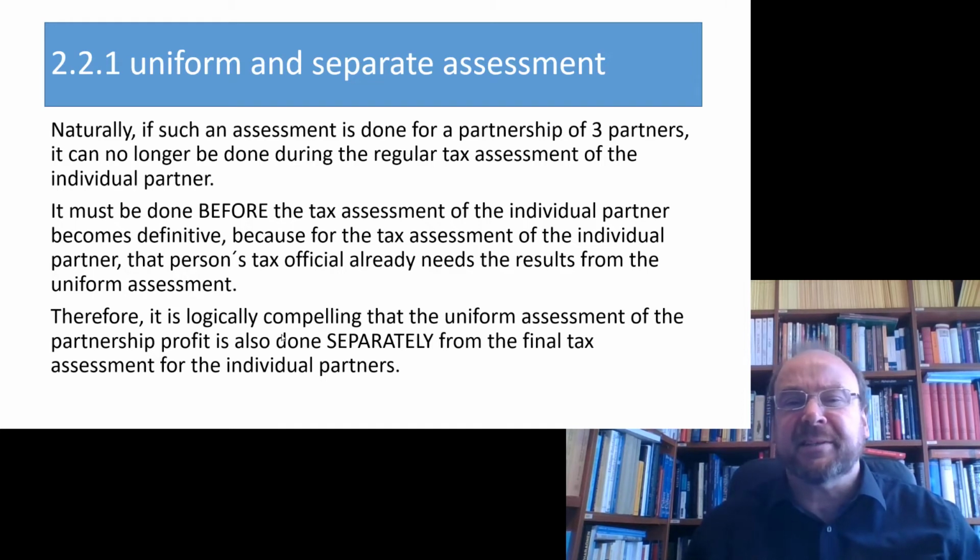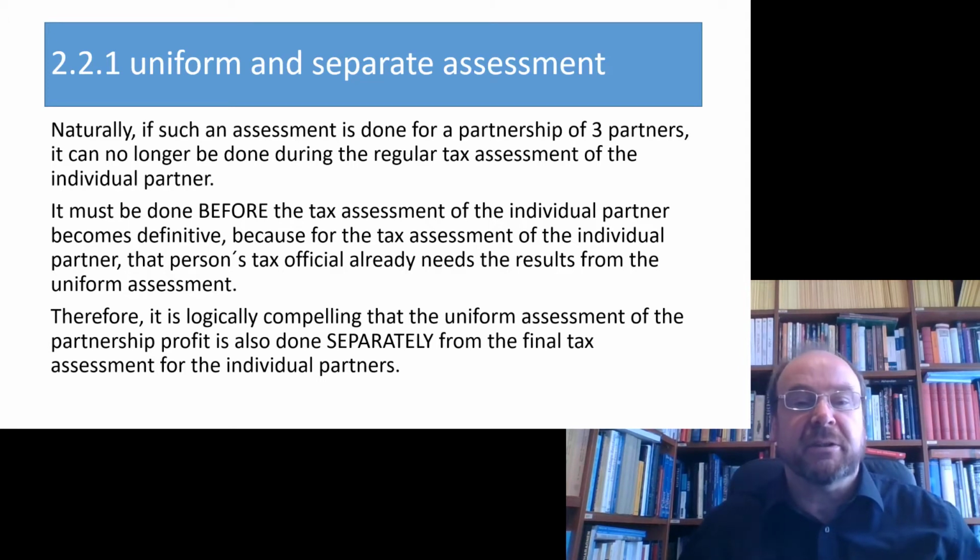Sometimes in practice that does not really work perfectly. Let's say if the uniform and separate assessment is delayed for one reason or another, then your individual income tax assessment might be provisionally made based on an estimate, and later it will be corrected when the uniform and separate assessment comes in and the administration has finally determined how high your profit share really has been.